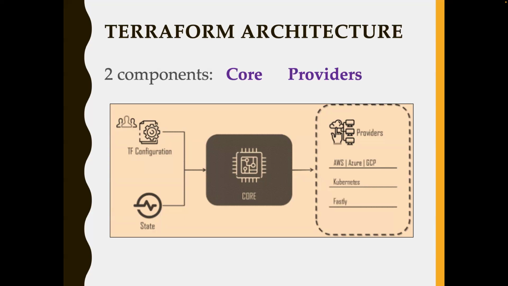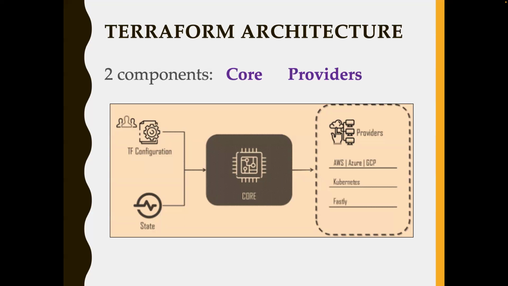And that Terraform plan will be fed to the core component, which is the main component of Terraform. Core takes this plan as input, but how does it provision the infrastructure? The plan will have steps of what to be done to achieve that expected state, but how does it actually achieve it? That's where providers come in.